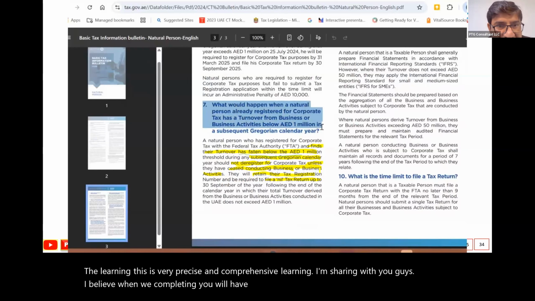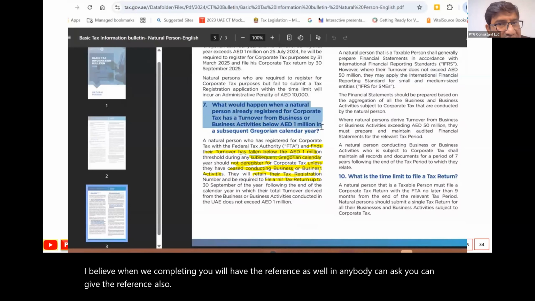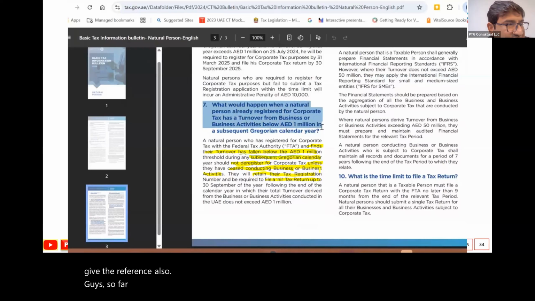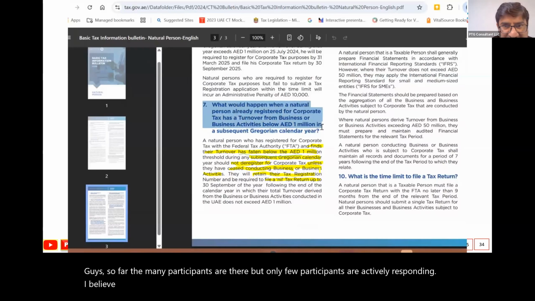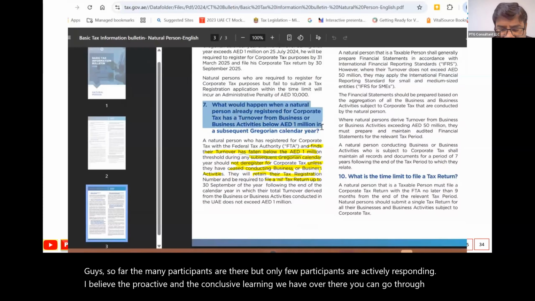If anybody asks you, you can give the reference also. Guys, so far there are many participants, but only a few are actively responding. I believe we have proactive and conclusive learning here. You can go through it in detail also, but let's move to the next part.